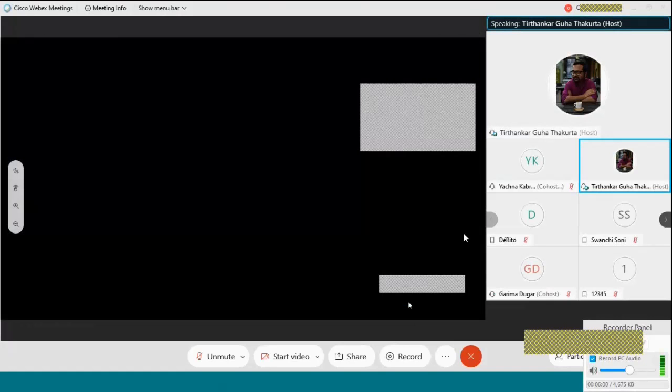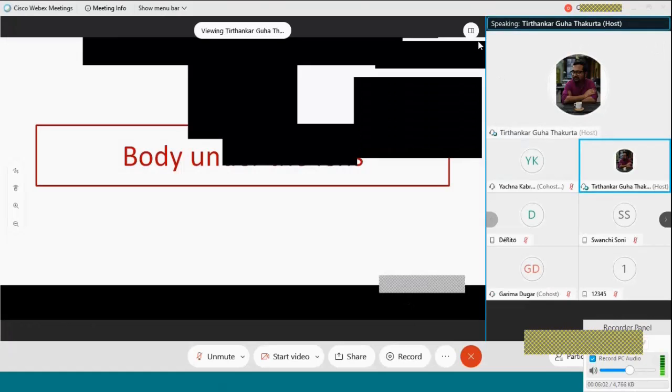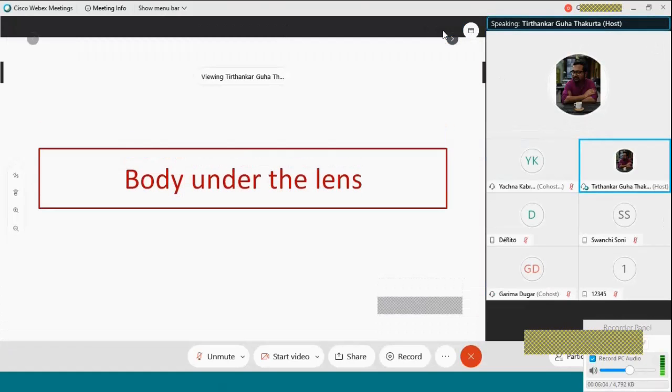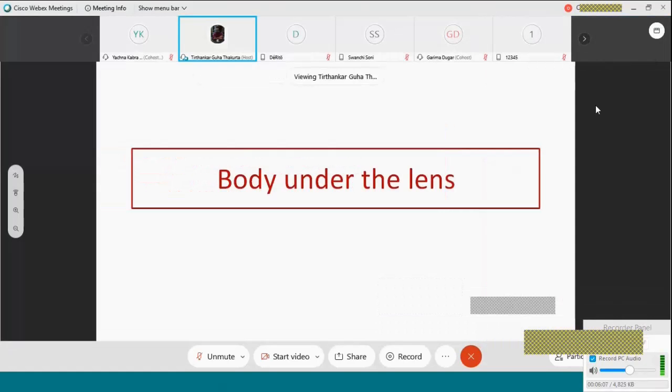In the first half of the class, we will discuss the structure of various organs and tissues in the body as we see under the microscope. Once we are familiar with identifying the normal organs and structures under the microscope, we will introduce pathological processes to those structures and see if we can make a clinical or histopathological diagnosis out of it. I will explain this as we move on. Let us start with the process.